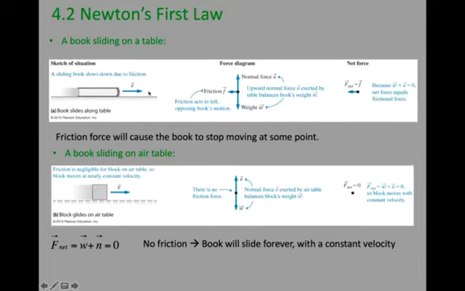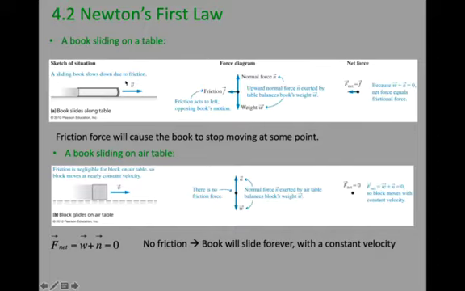Okay, it is moving like this. So if the book is moving in this direction, naturally the table or the ground which the book lies on will be applying a force opposite to the direction of motion of the book.